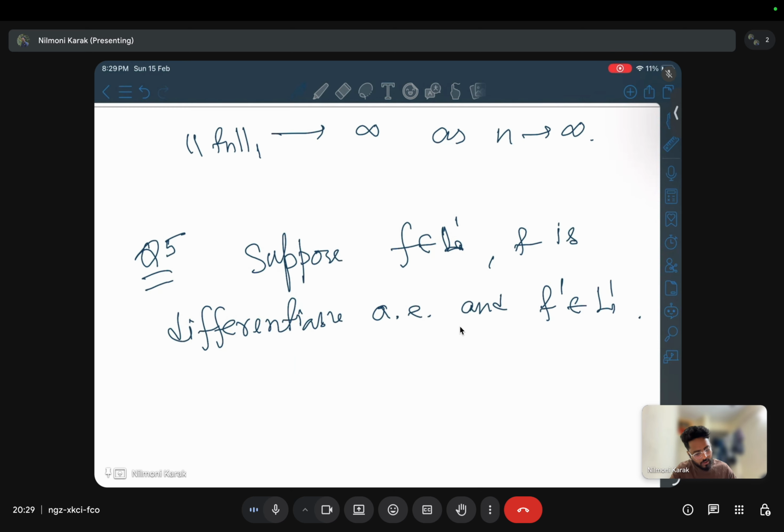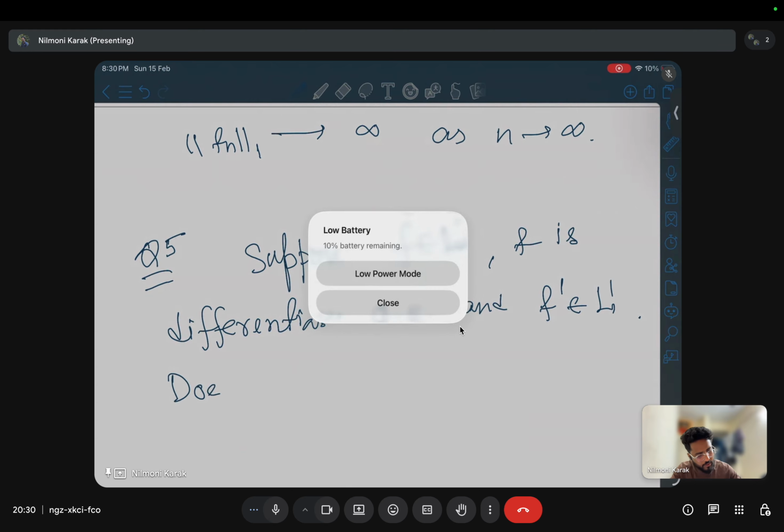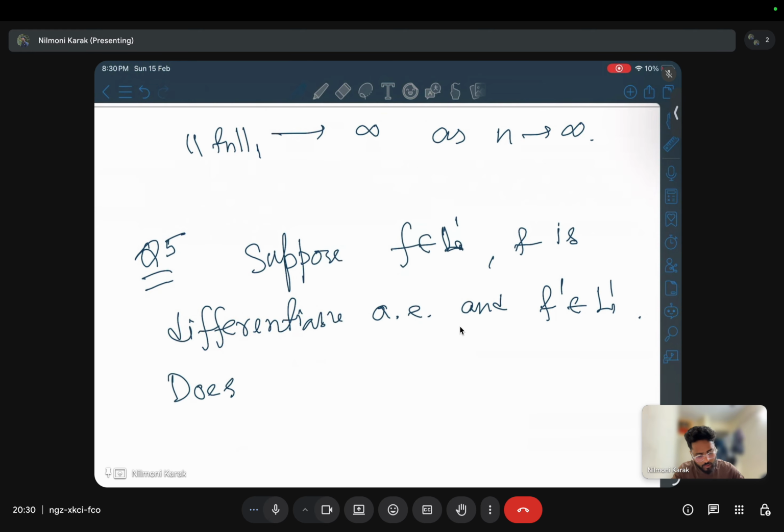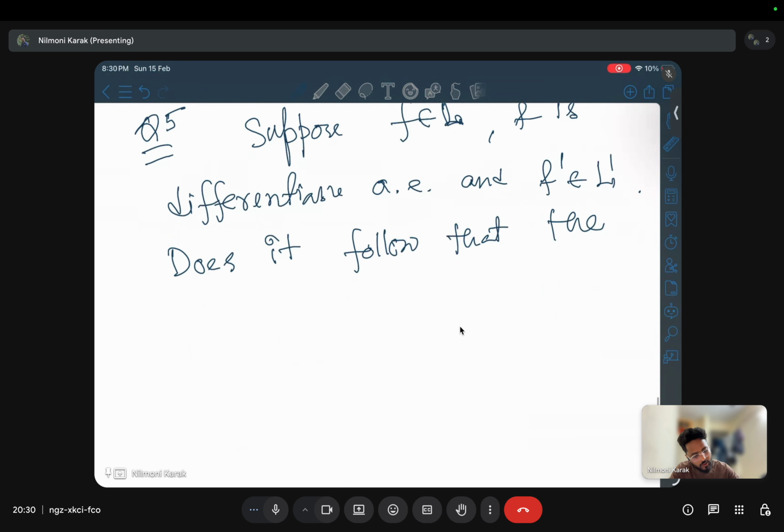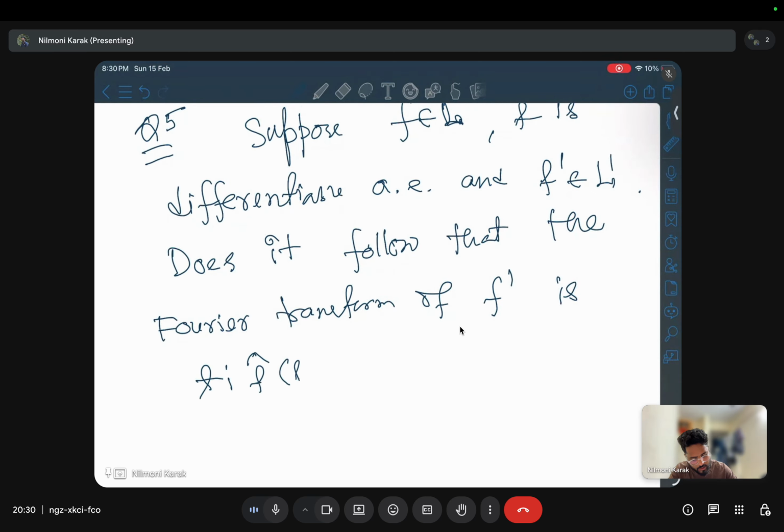Okay, the question is, does it follow that the Fourier transform of f dash is it times f hat of t?